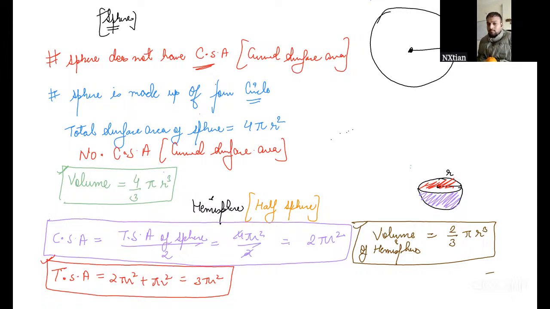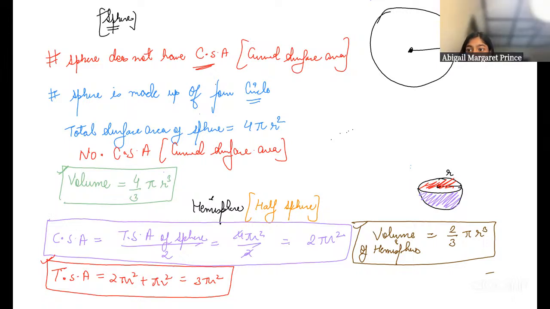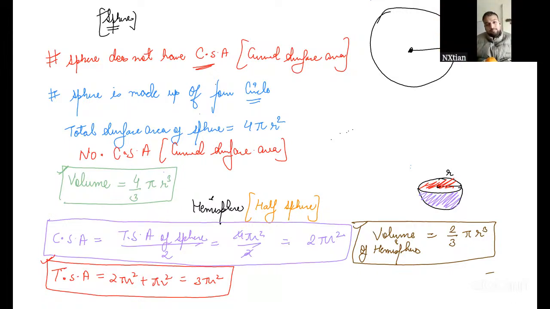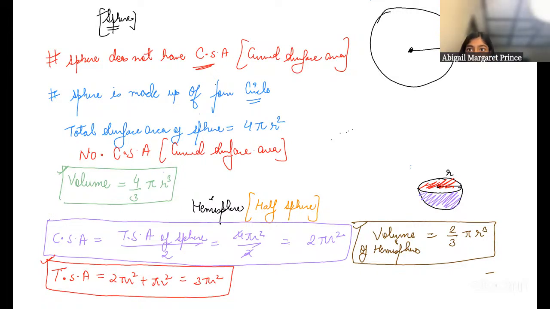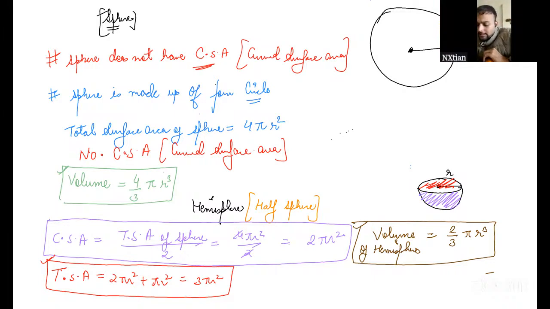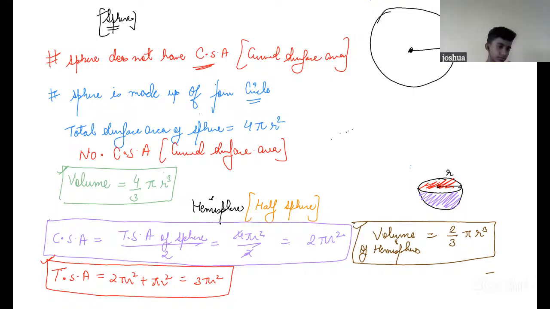Then 2 plus 1 becomes 3, na? So I wrote simply 3. Okay. Shall I raise this? Everyone?